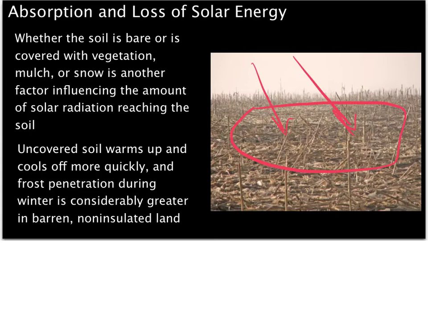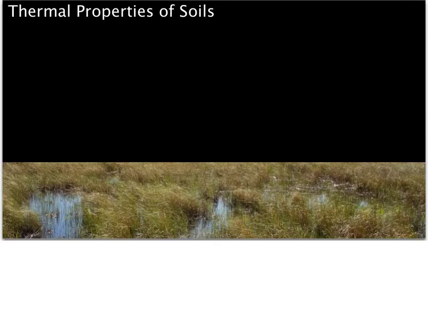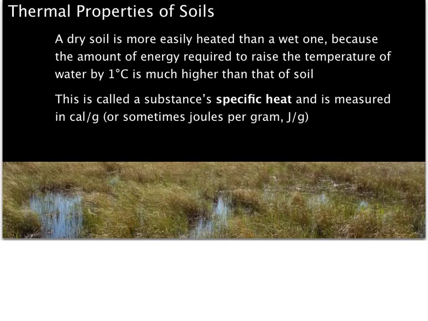So we mentioned that the water content of the soil is something that you have to think about in terms of how fast soil temperature changes or it doesn't. A dry soil is more easily heated than a wet one because the amount of energy required to raise the temperature of water, being the important part here, by 1 degree C, is much higher than that of soil.